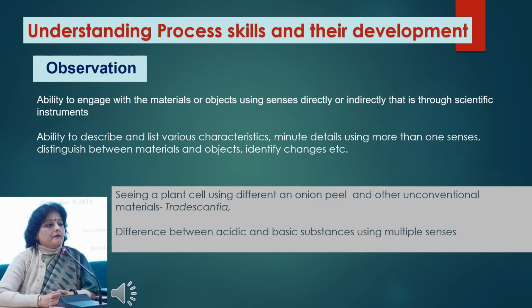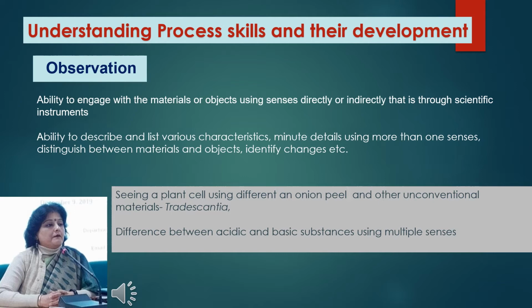Now, let's understand the various process skills in science and also how we can develop them in a science classroom. So the first process skill is observation. First, let's understand what is observation. Observation is the ability to engage with the materials or objects using senses, directly or indirectly, that is, through scientific instruments.